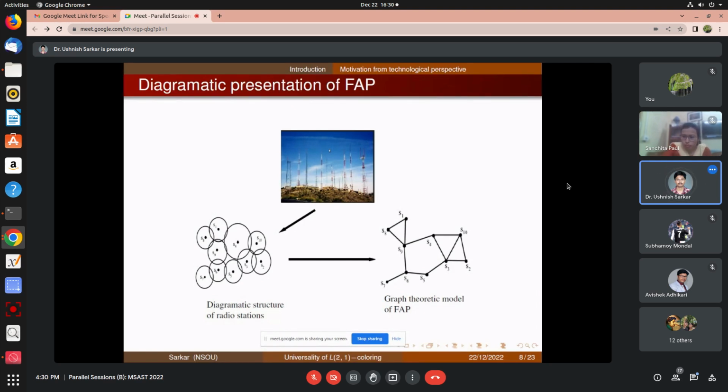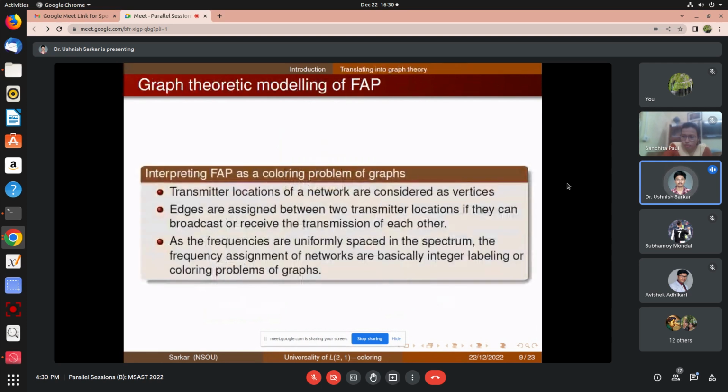So thus, on the right, we are getting a graph theoretic model of the frequency assignment problem, or actually the distribution of the transmitters. Here, in the graph theoretic modeling of the frequency assignment problem, the transmitter locations of a network are considered as vertices. Edges are assigned between two transmitter locations if they can broadcast or receive the transmission of each other. And the third one is a crucial one: as the frequencies are uniformly spaced in the spectrum, the frequency assignment of the networks is basically integer labeling.